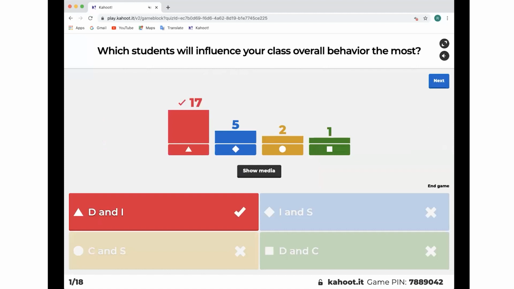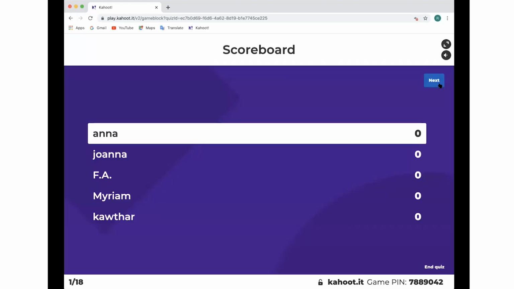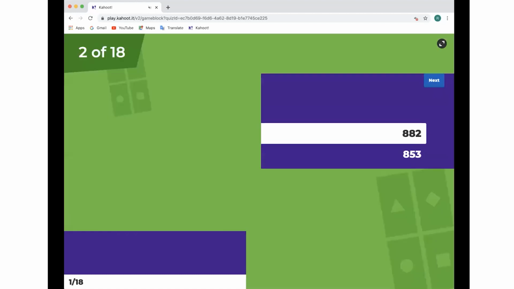Most of you wrote D and I's. The D and I's will have the most impact in your class. C and S's make up the most percentage of your classes, but the D and I will influence your class the most. So far, Anna's at the top.